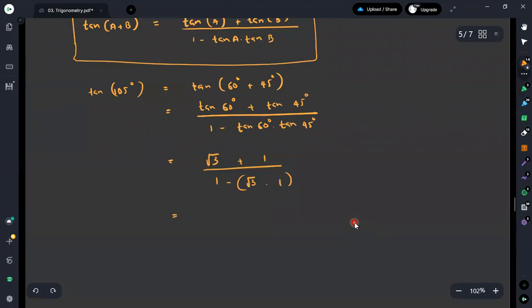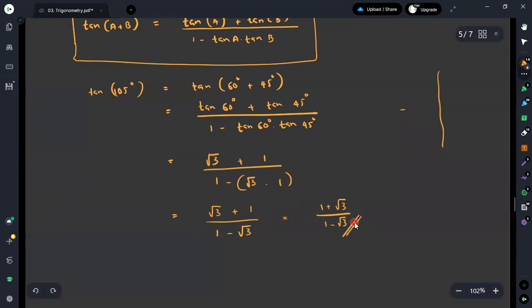Then if you perform this calculation, you will get root 3 plus 1 over 1 minus root 3.